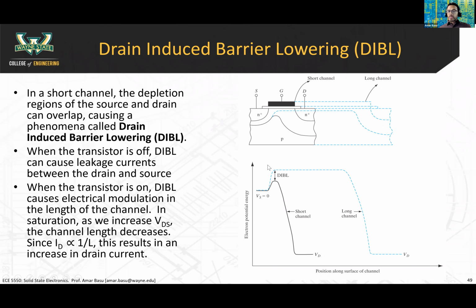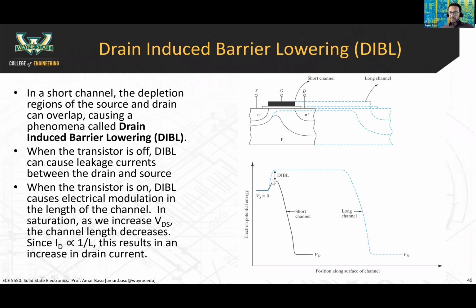Now, it turns out that the height of the barrier is probably more important than the width of this. But that's a good point. If this potential barrier were very, very thin, then electrons could certainly tunnel through here. Okay. Typically, I don't think the channels are short enough where that effect would start to happen between the drain and the source.